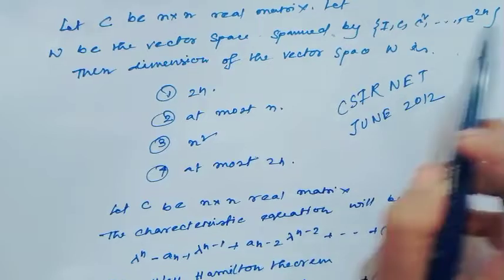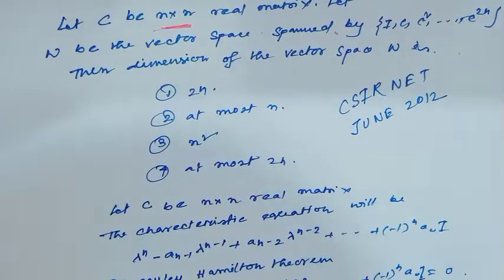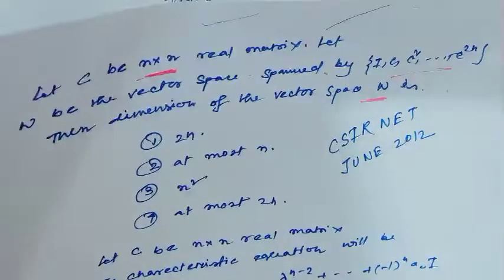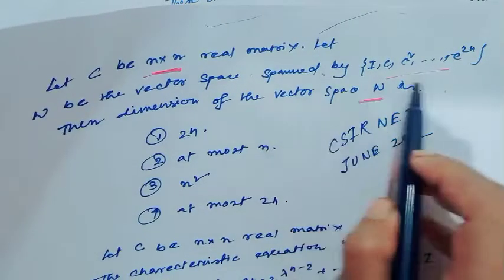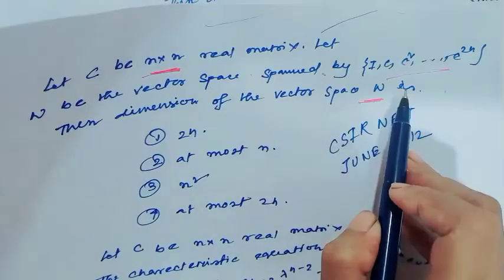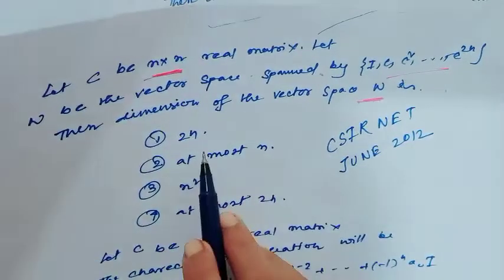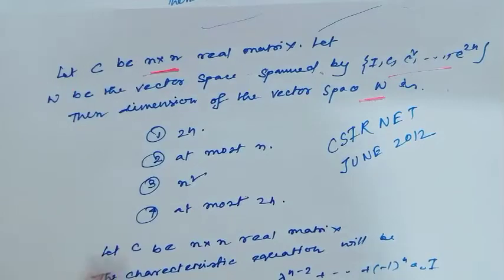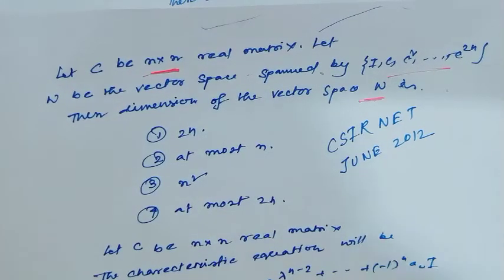Similar to before, here only an n cross n matrix, and before it indicated a 10 cross 10 matrix. Then the dimension of this, we all know a spanning set gives a vector space also. So the dimension of this spanning set means the dimension of this vector space. Option 1: 2n, option 2: at most n, option 3: n square, option 4: at most 2n.